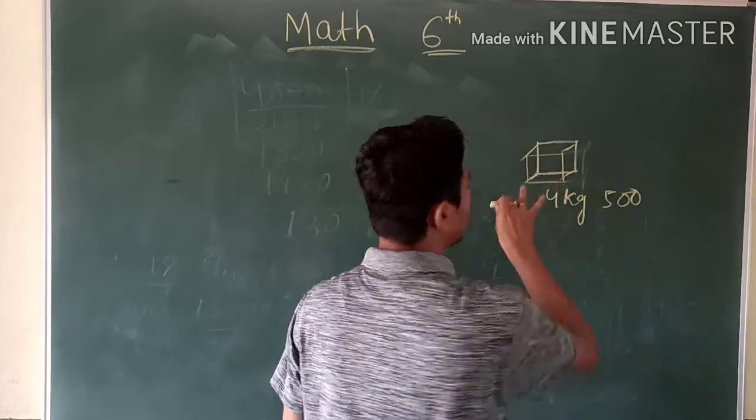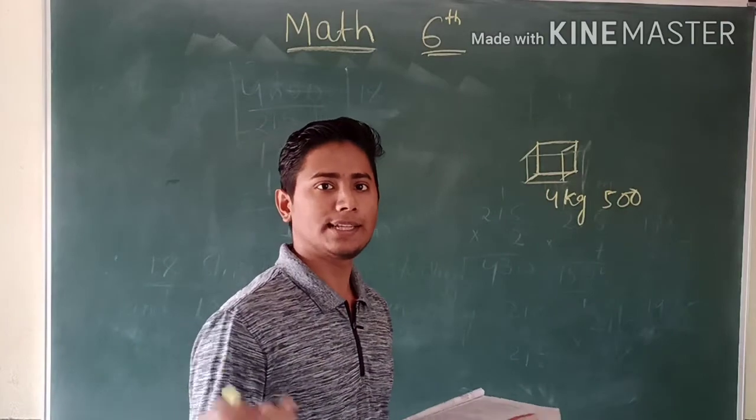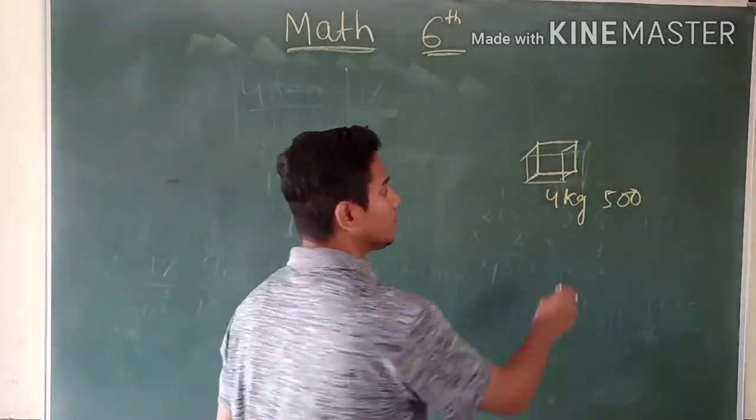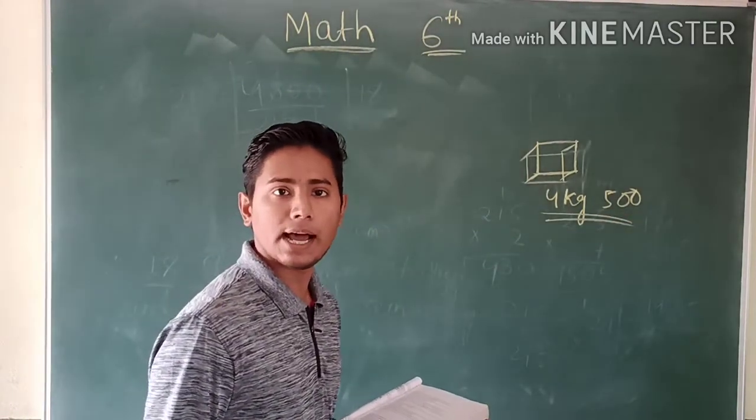So such boxes are loaded in a van. All of you know your school van, like such a van, you have to load this type of boxes. Each box weight is 4 kg 500 gram.